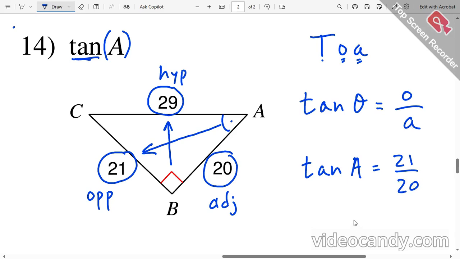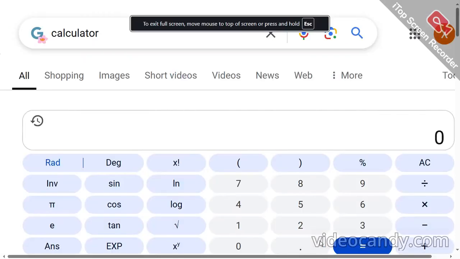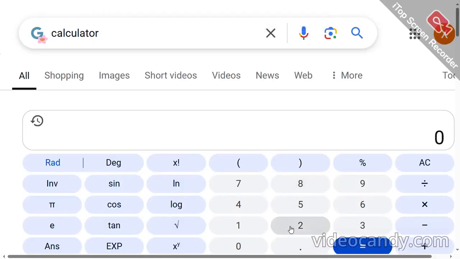And you want to go to the calculator. We're just going to do 21 divided by 20. Here's Google's calculator. 21 divided by 20, and hit equals. And I get 1.05. If it was more decimals, you would round off to 4 decimal places.